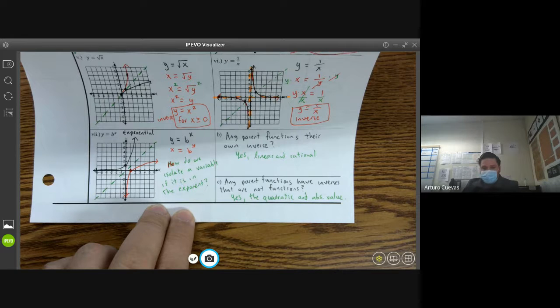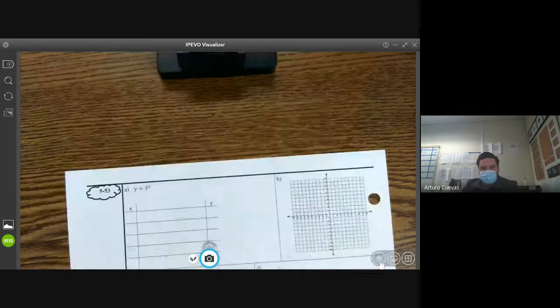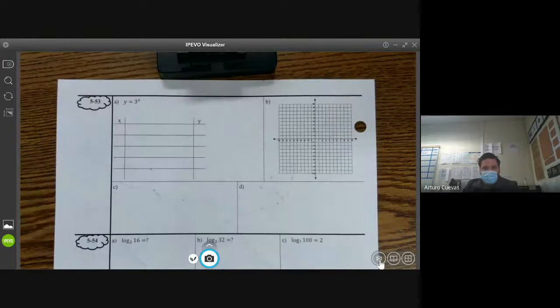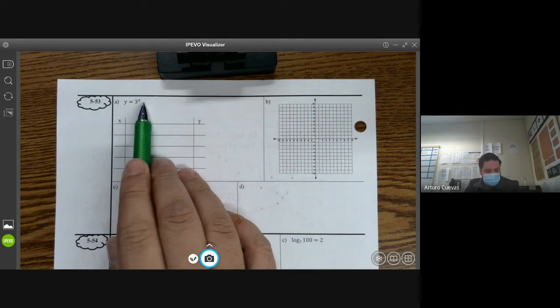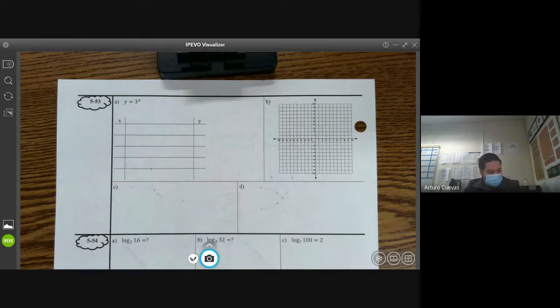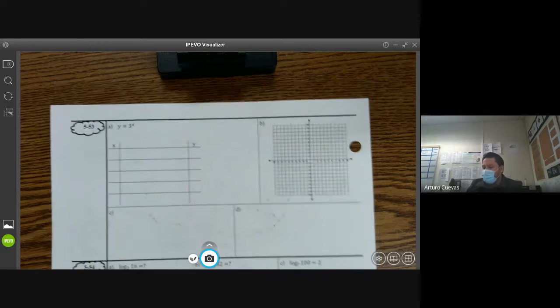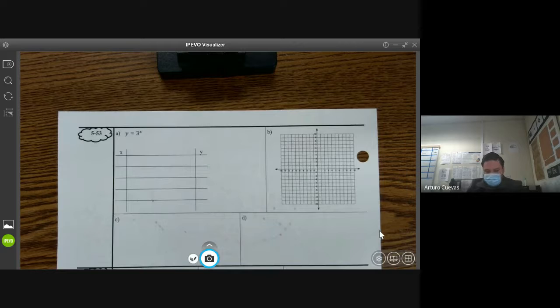Number 53. y equals 3 to the power of x. This is an exponential function, okay? And what we're going to do is we're going to try and graph the inverse.